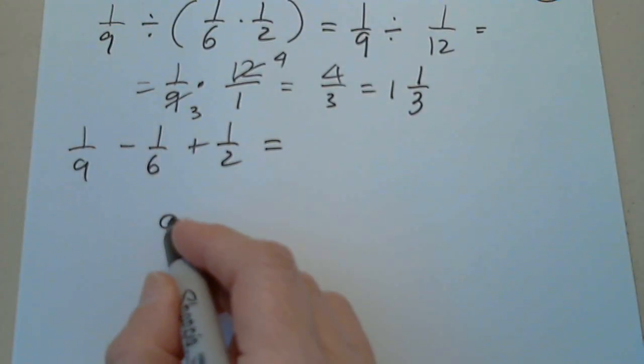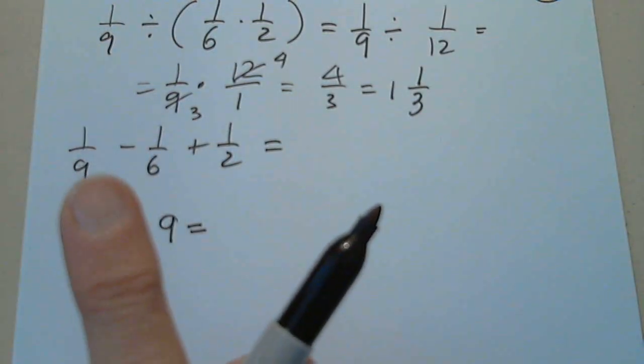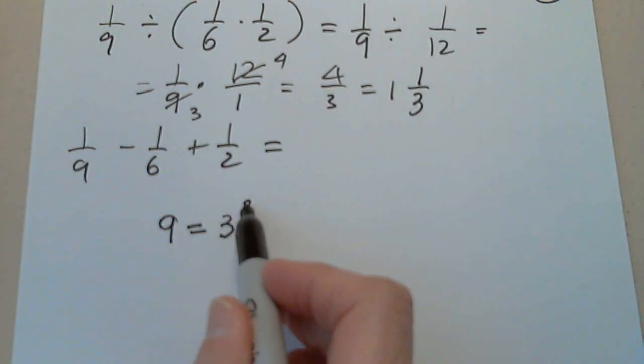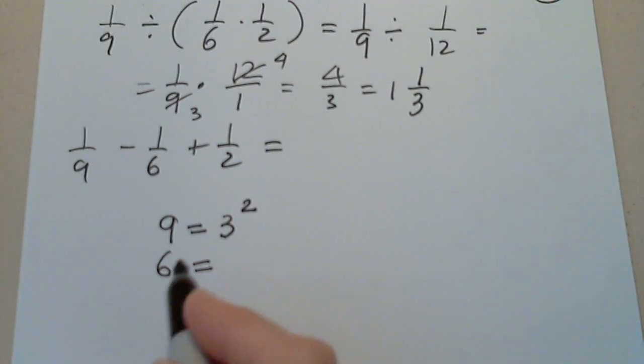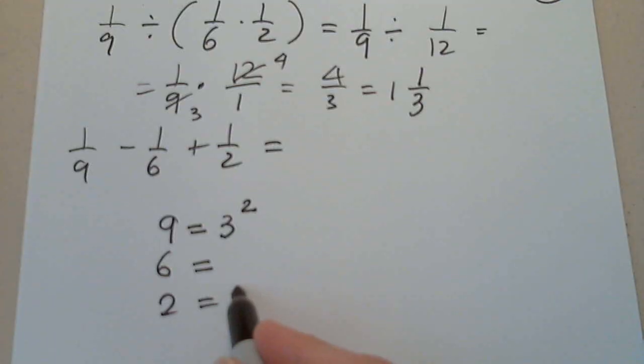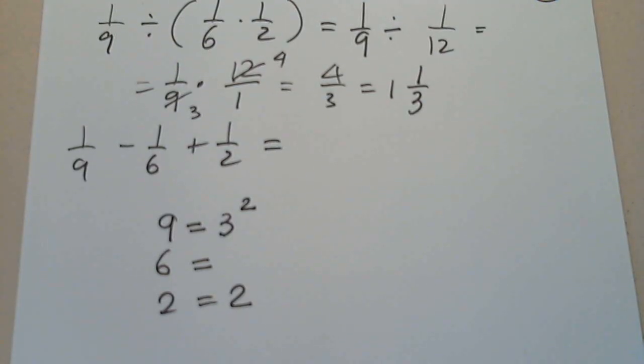Let's start with 9. Remember, the prime factorization of 9 is 3 squared. Can anyone give us the prime factorization of 6? 2 is just 2. Can anyone give us the prime factorization of 6, please?